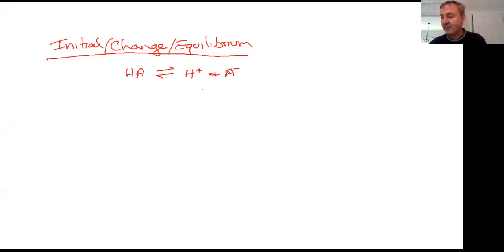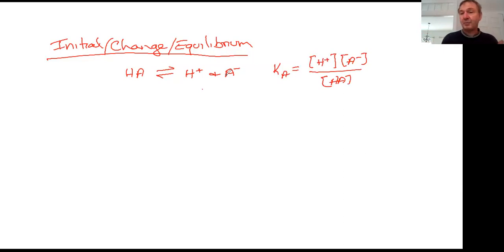And we could have a Ka, which is H plus A minus over HA, products over reactants, although obviously in an equilibrium there's no such thing as products and reactants. I could have written that the other way, and my Ka is the reciprocal, although by convention it's written this way. HA falls apart to H plus and A minus, right?